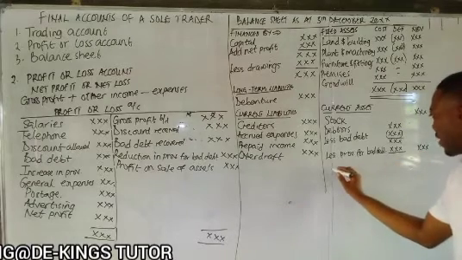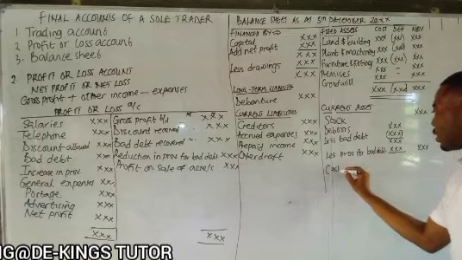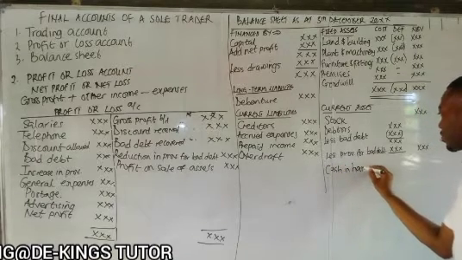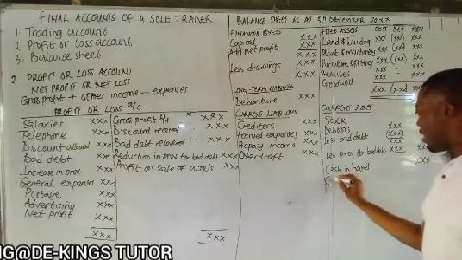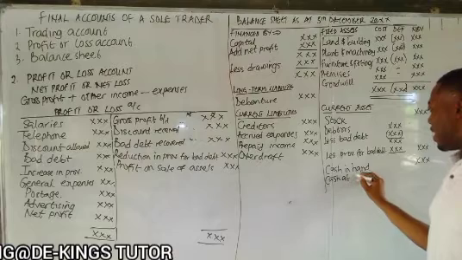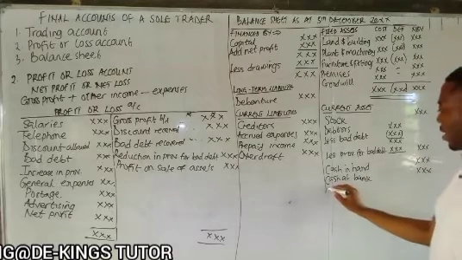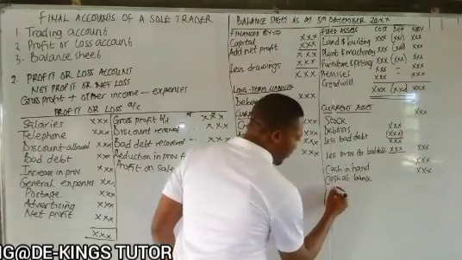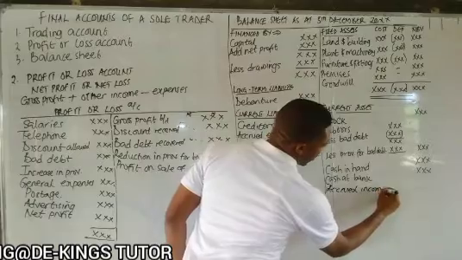Then we have another here which can be our cash in hand. So we have our cash at bank, or we can call it bank. We also have what we call accrued income.